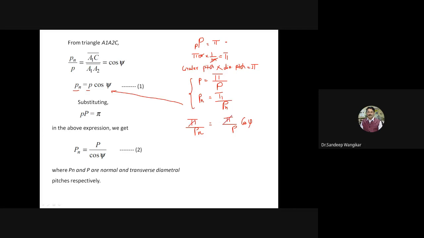Again this pi will get cancelled, and if I want to write Pn, I will take the other term to the other side. So Pn is equal to P divided by cos of psi, and this is highlighted here. So Pn and P are the normal and transverse diametral pitch. What we have done here is that the circular pitches have been converted into diametral pitches. So write this down.